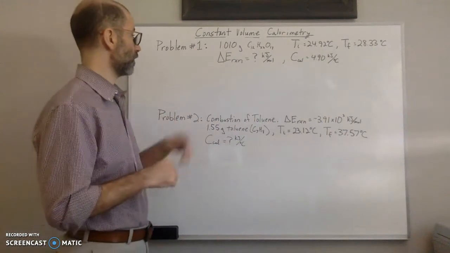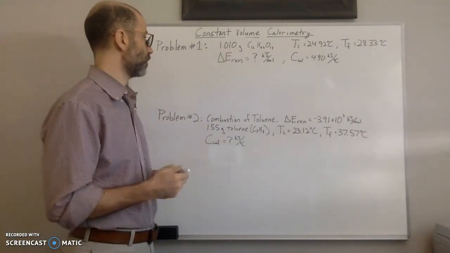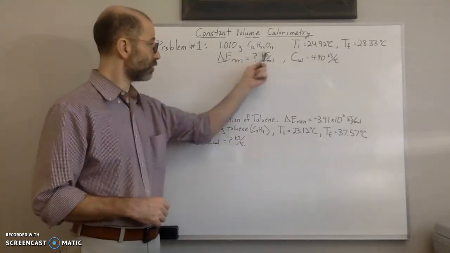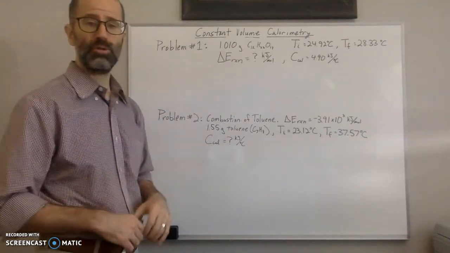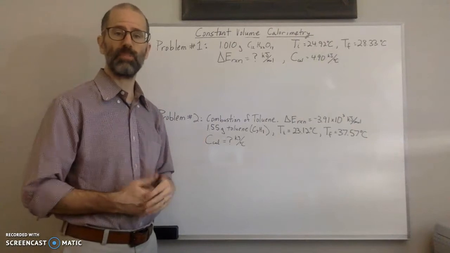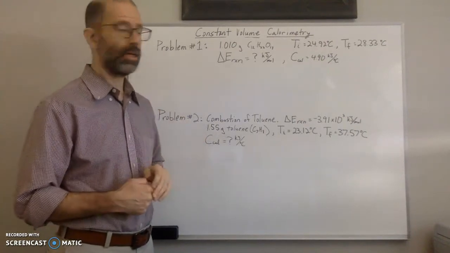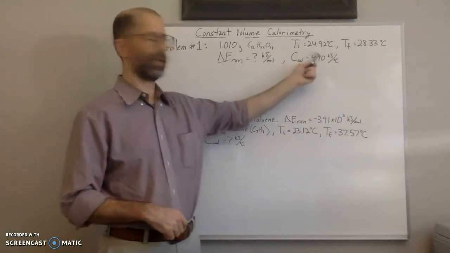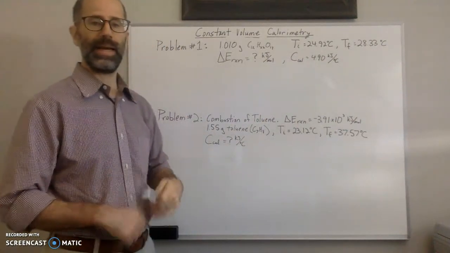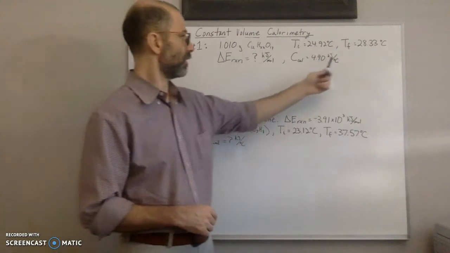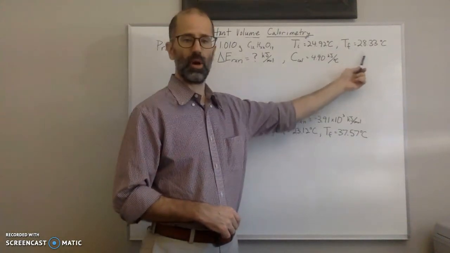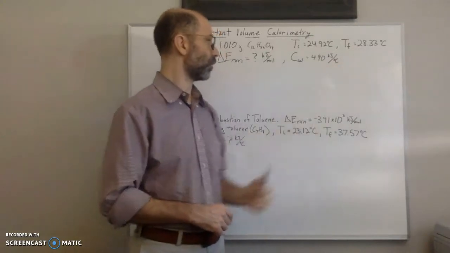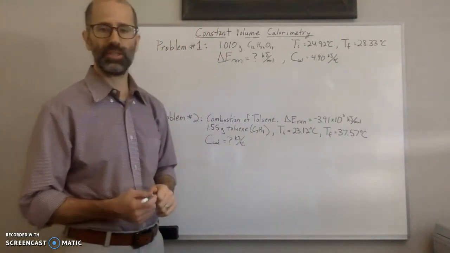The first problem, we're given 1.010 grams of sucrose, and here's the formula for sucrose. This amount of sucrose is burned in a bomb calorimeter, and the temperature starts at 24.92 degrees Celsius, and at the end of the reaction, the temperature in the water inside the bomb calorimeter becomes 28.33 degrees Celsius.